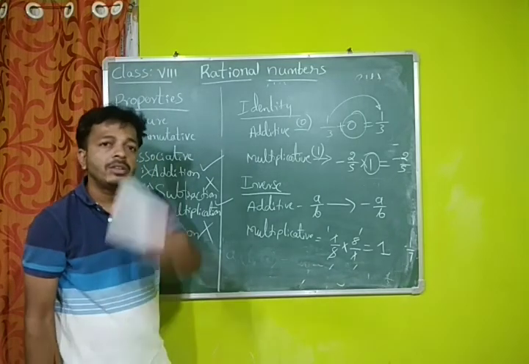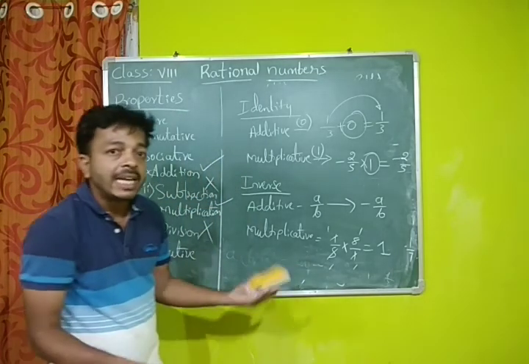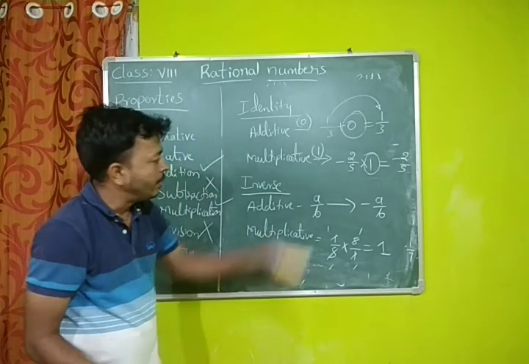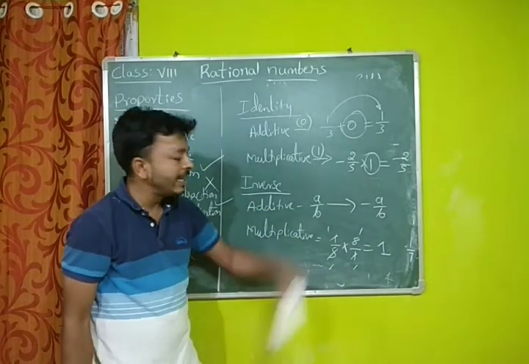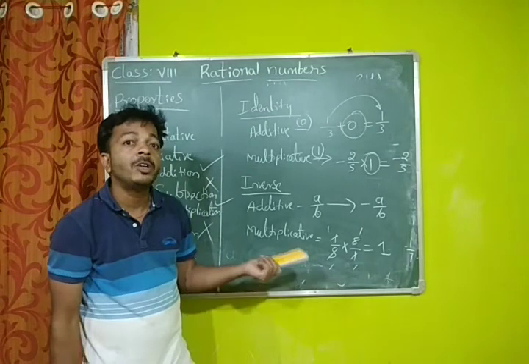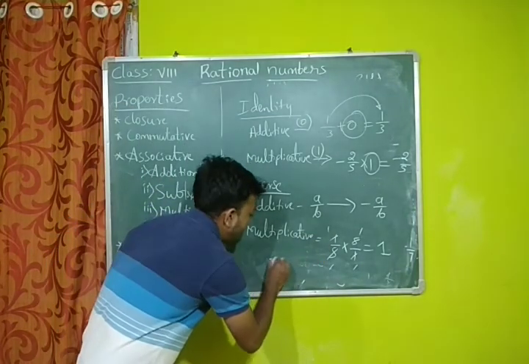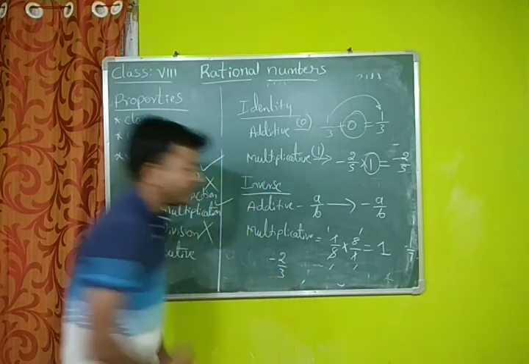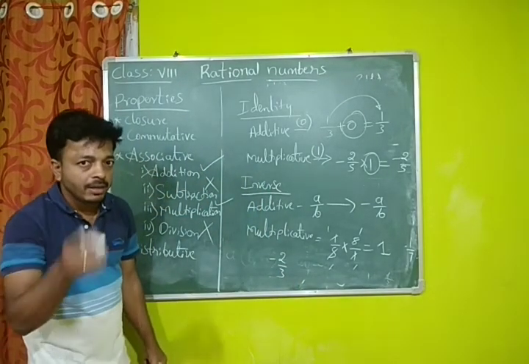I think you will have some questions here. In the additive inverse we change the sign, but in the multiplicative inverse, is it not necessary to change the sign? No. Example: minus 2 upon 3. What is the multiplicative inverse of minus 2 upon 3?